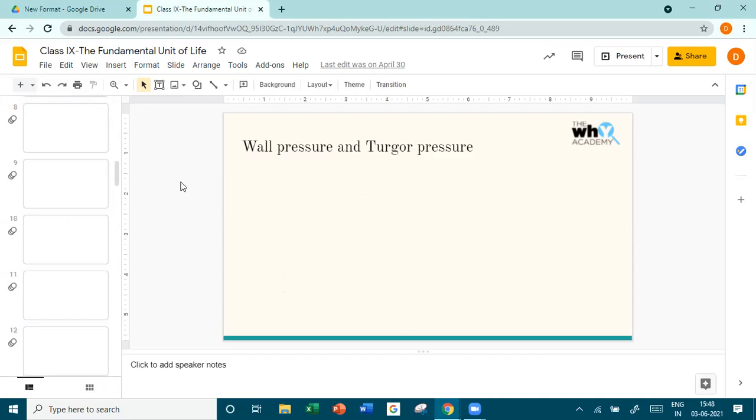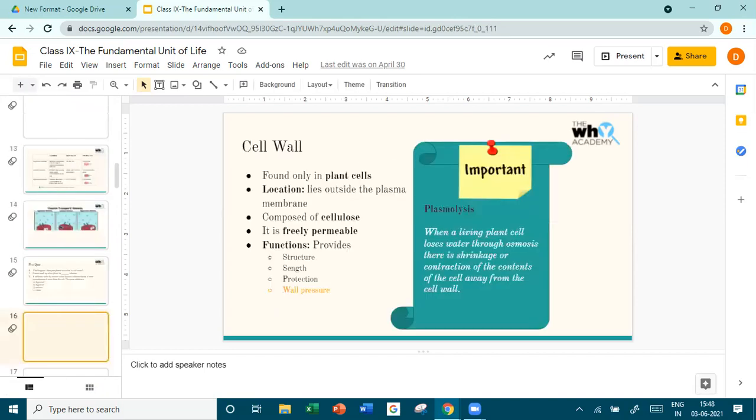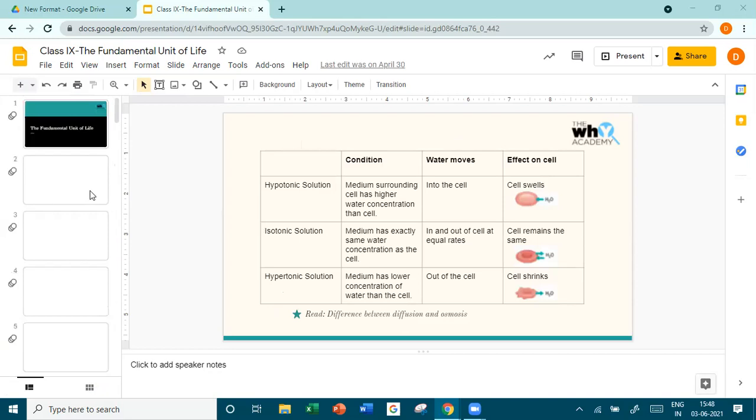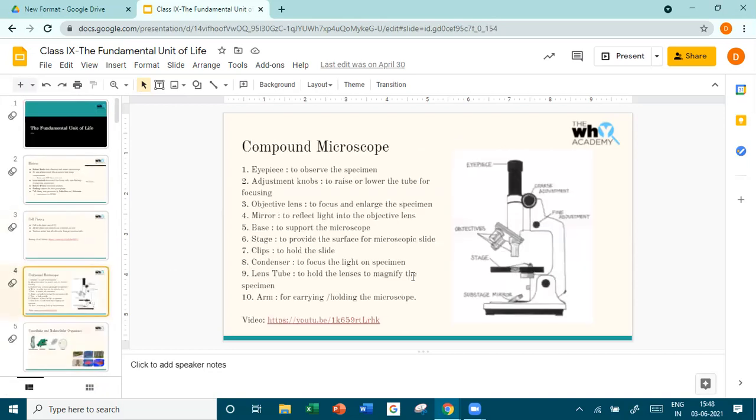So you have cell theory, then diagram drawing for the microscope. No, you might have labeling. Drawing might not really be there. At least last year I haven't seen a question where you had to draw a compound microscope.